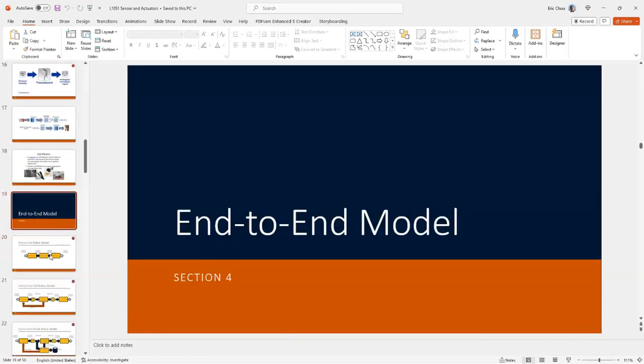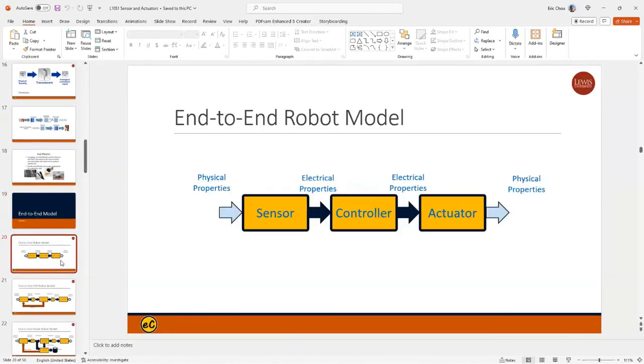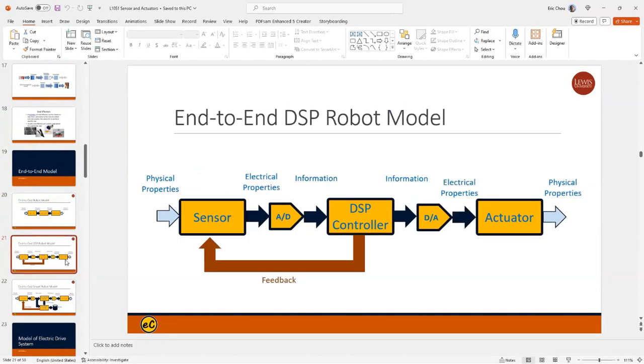So this is the so-called end-to-end model. In your robot control, you must set up an end-to-end model to get information from the sensor until you give a command to the robot arm. This is the so-called end-to-end robot model.